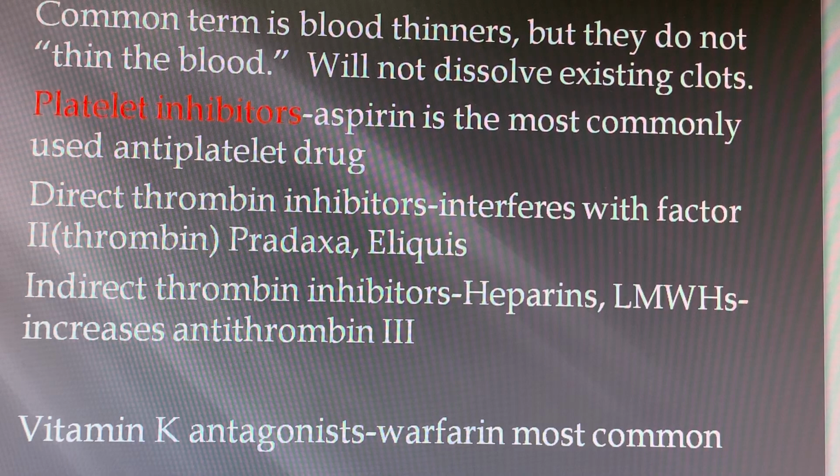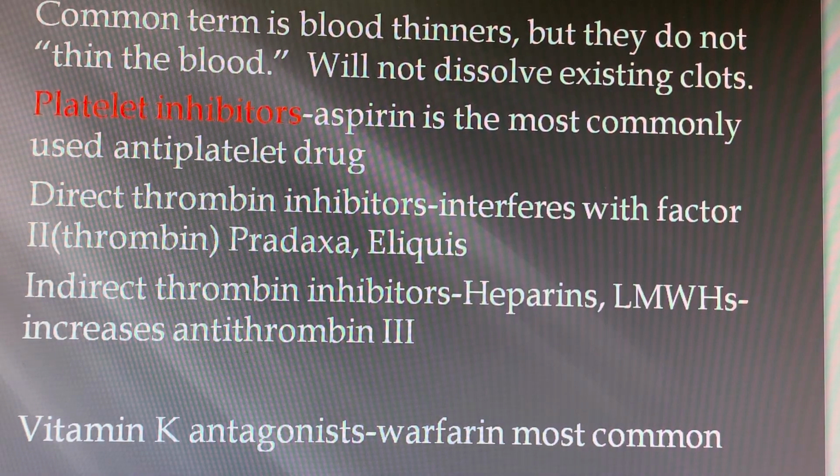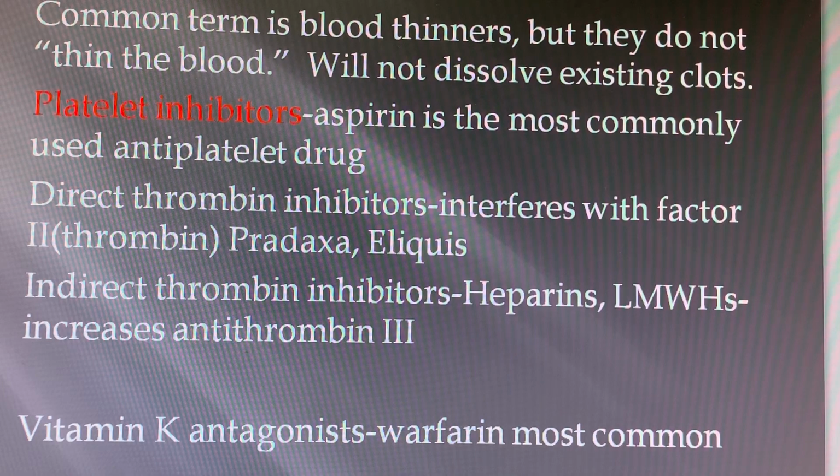One of the drugs that blocks vitamin K from reaching that clotting cascade and allows it to not be as readily available is the vitamin K antagonists, and warfarin or Coumadin is probably going to be the most common one of these drugs that we will see.